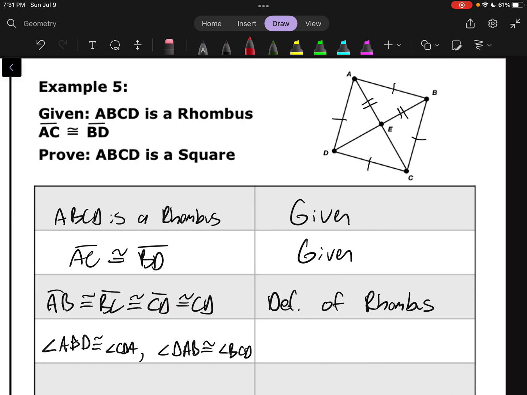Now I know that when we got that many letters, it can be confusing at times, so let me do a little color code. ABD is really angle B, CDA is really angle D, DAB is angle A, BCD is angle C. We just got to use those three letters because we've got those little versions of those angles as well.